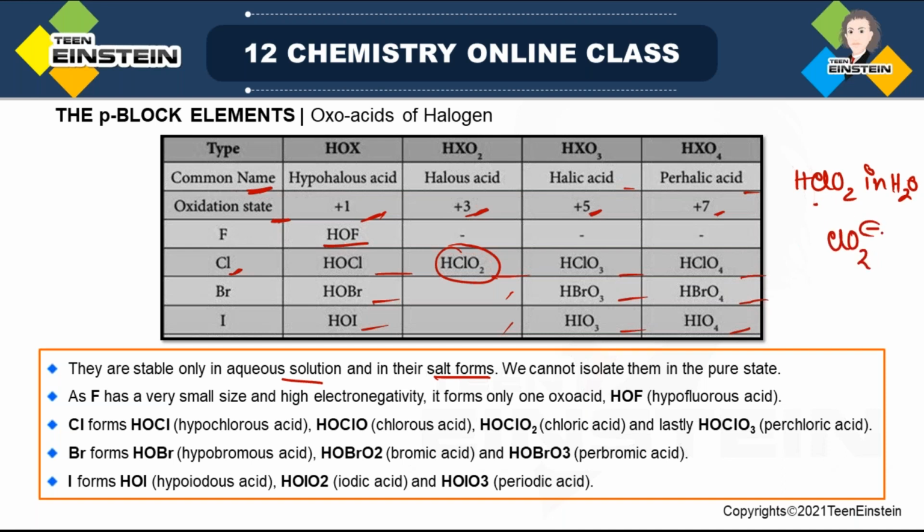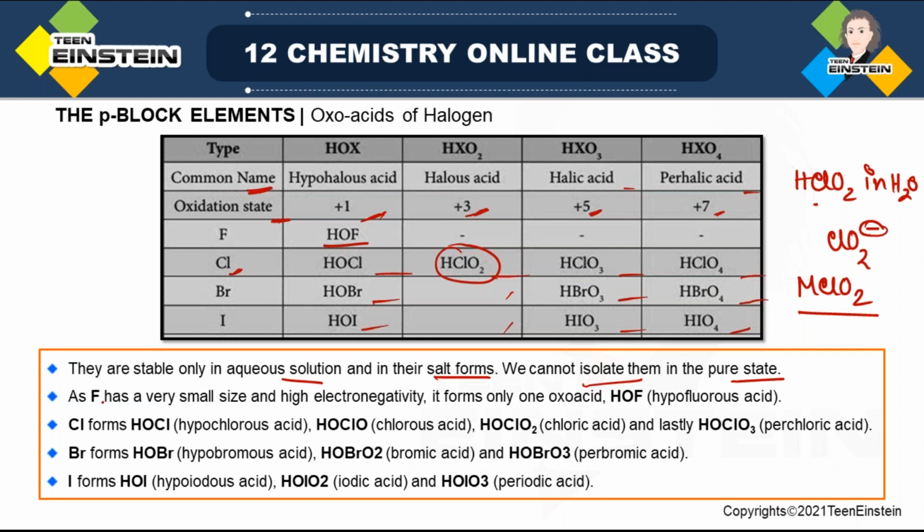That means it will carry a charge. So there will be some metal, suppose any metal M, MClO2. That is what is meant by salt form, which is another way of saying anionic form. We cannot isolate them in pure state. If it is aqueous solution, only then can it remain in these formulas, not when water is not present.